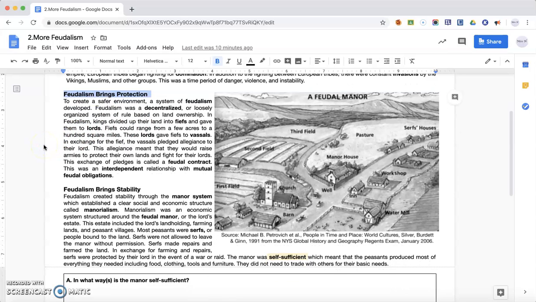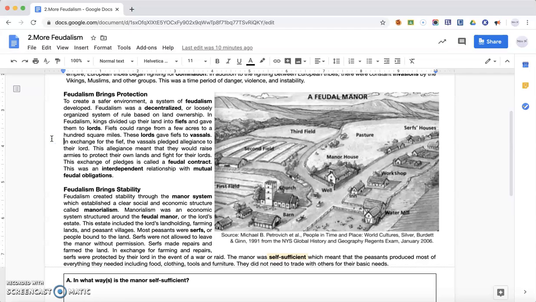To create a safer environment, a system of feudalism developed. Feudalism was a decentralized or loosely organized system of rule based on land ownership. In feudalism, kings divided up their land into fiefs and gave them to lords. Okay, so that means these words here are the same.